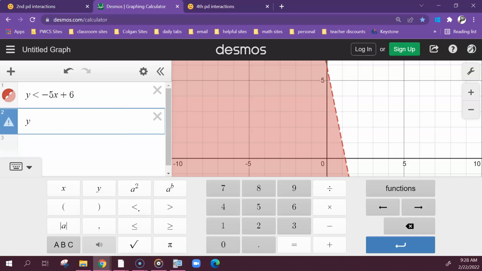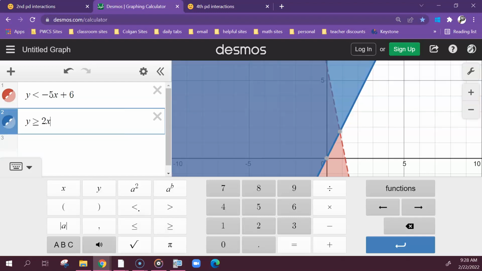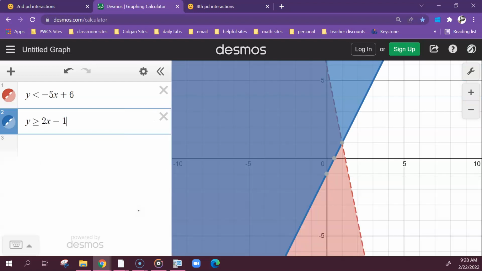And y is greater than or equal to 2x minus 1. So it will graph both for you. You may want to change the colors because the overlapping may be a little difficult depending on the colors you get. But where they overlap, you should be able to see that.